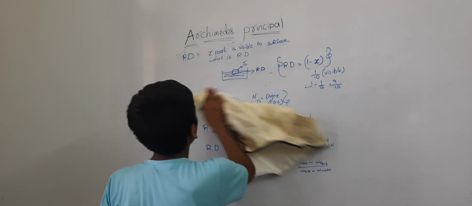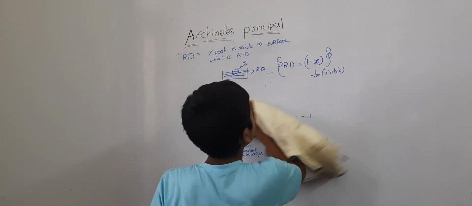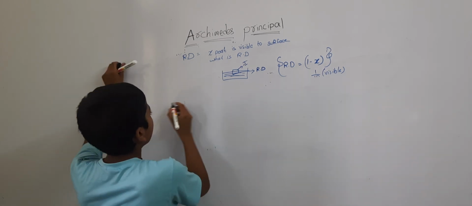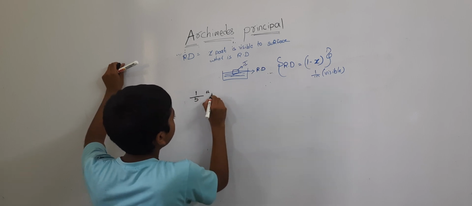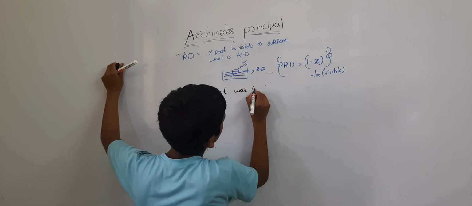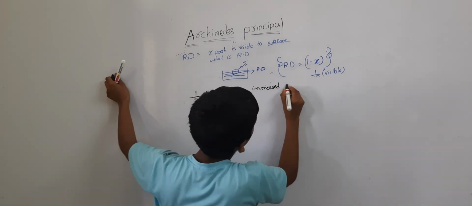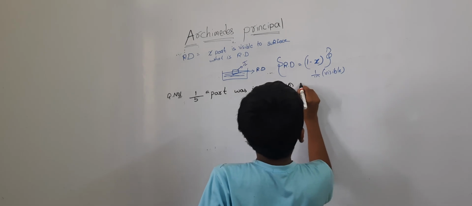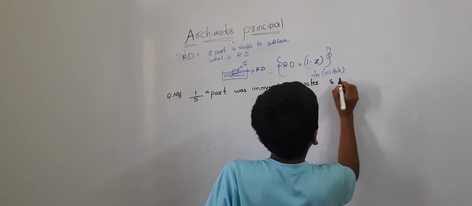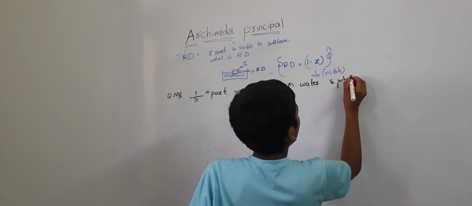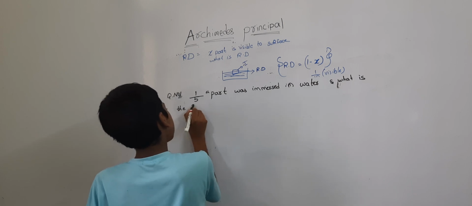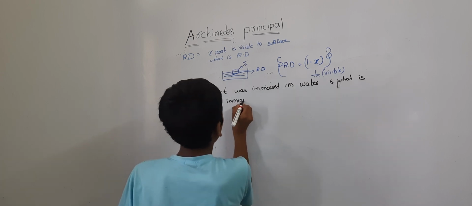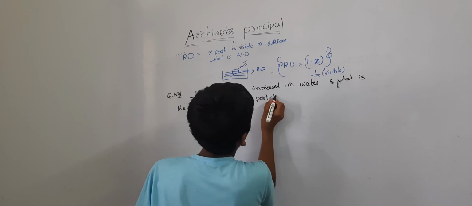And another process for solving the questions. See friends, if they give 1 by 5th part was immersed in water, in an example question, what is the density of the immersed object?